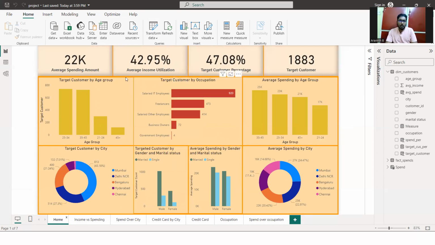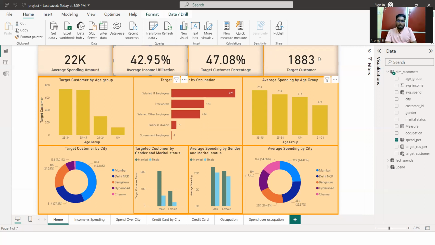I have come up with a conclusion: I calculated every individual's average income utilization by dividing their average spending by their average income. If a customer has an average income utilization percentage more than the average, they are considered our target customer for our credit card in future.